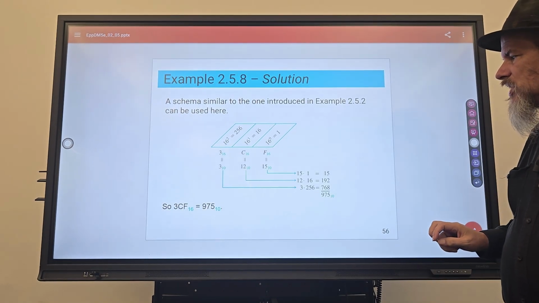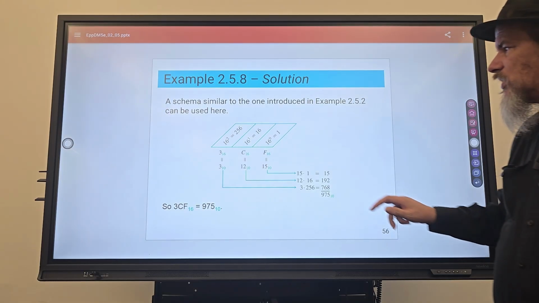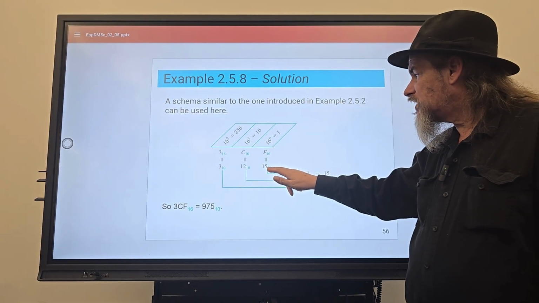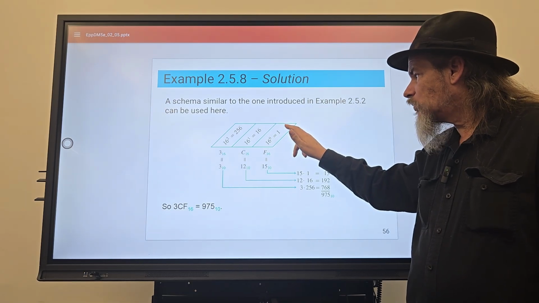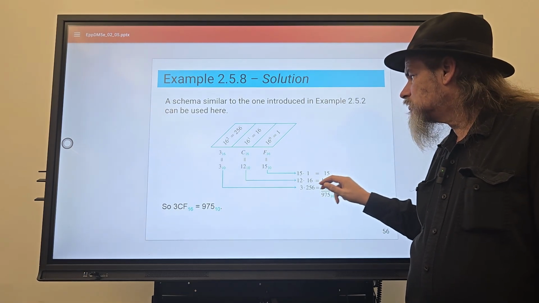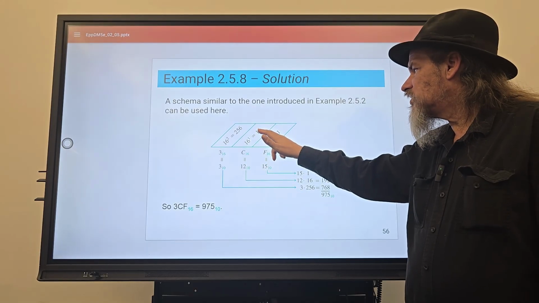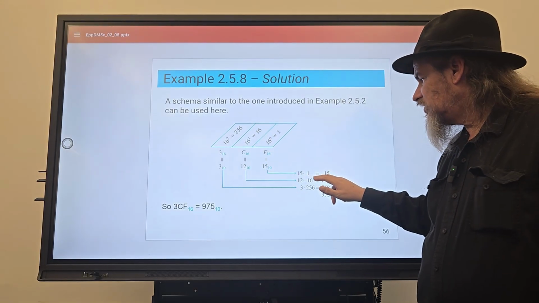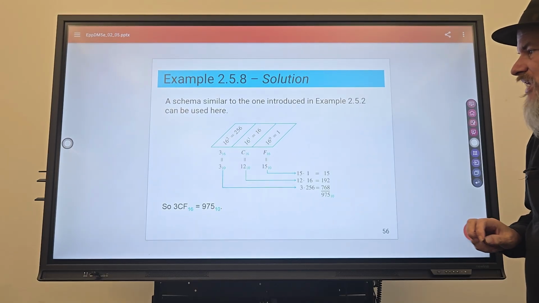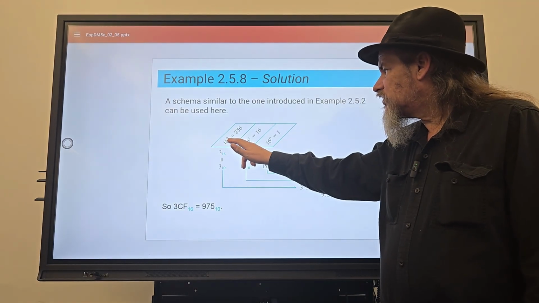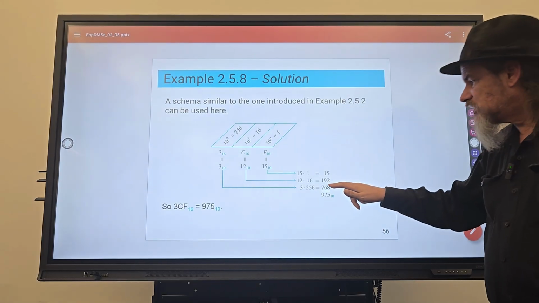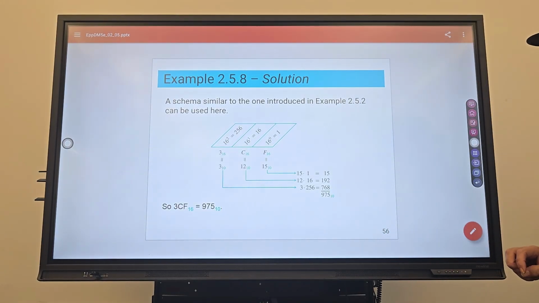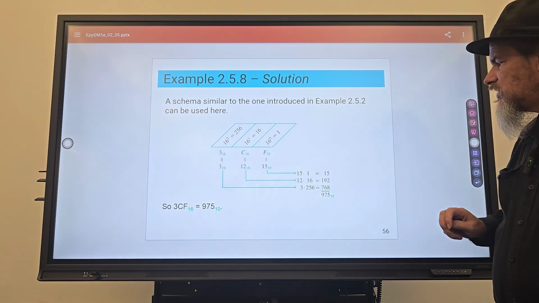Well, it's 15 times 16 to the 0th power, or 1, so 15. 12 times 16 to the first power, or 16, is 192. And 3 times 16 squared, which is 256, is 768. So add those together and you get 975.